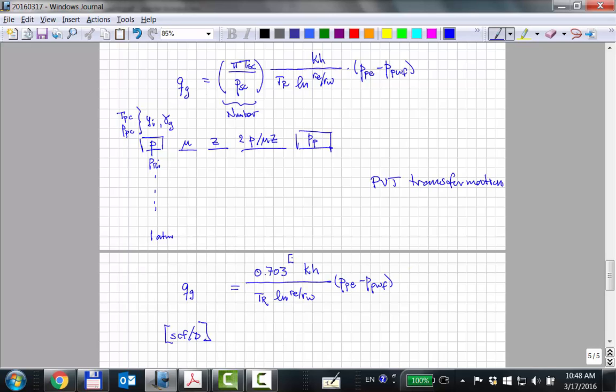So the units here are millidarcy, feet, PSI, and degrees Rankine. And this has no units. Okay?